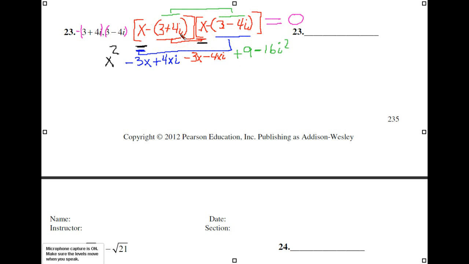Now my inners cancel out because they're conjugates. So I have now a positive 4i times a negative 4i. That gives me a negative 16i squared. But we can't have an i squared. We have to convert it. So this is a negative 1 times a negative 16.